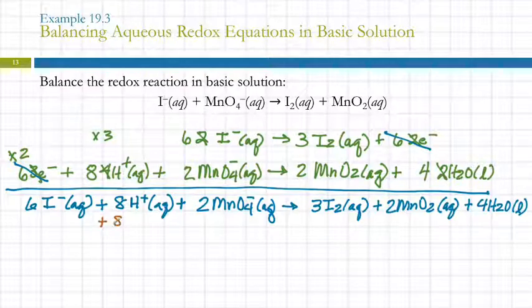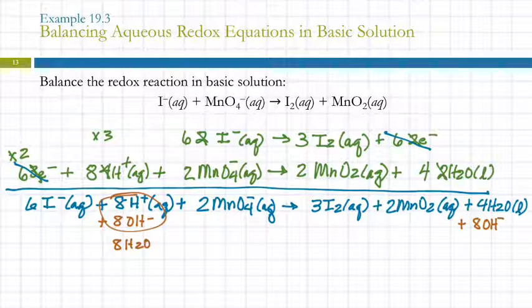So I'm going to add in 8 hydroxide ions to this side and 8 hydroxide ions to that side. So 8 hydroxides with 8 hydrogen ions. This turns into 8 water molecules, right? Everybody with me? Magic or something.